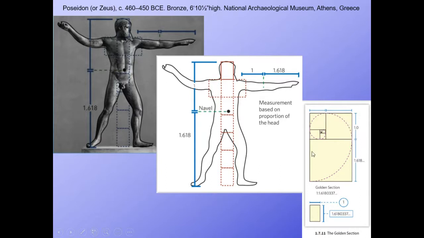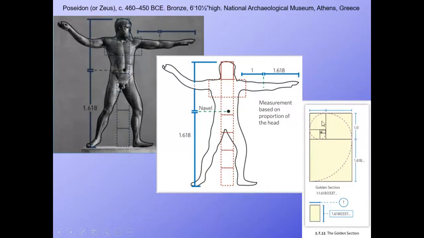What's fascinating about this is known as the golden ratio, or golden section, or the golden rectangle. It's a rectangular form in which if we cut a perfect square out of that rectangle, we're left with a rectangular section that is the same proportion as its original shape, but smaller.